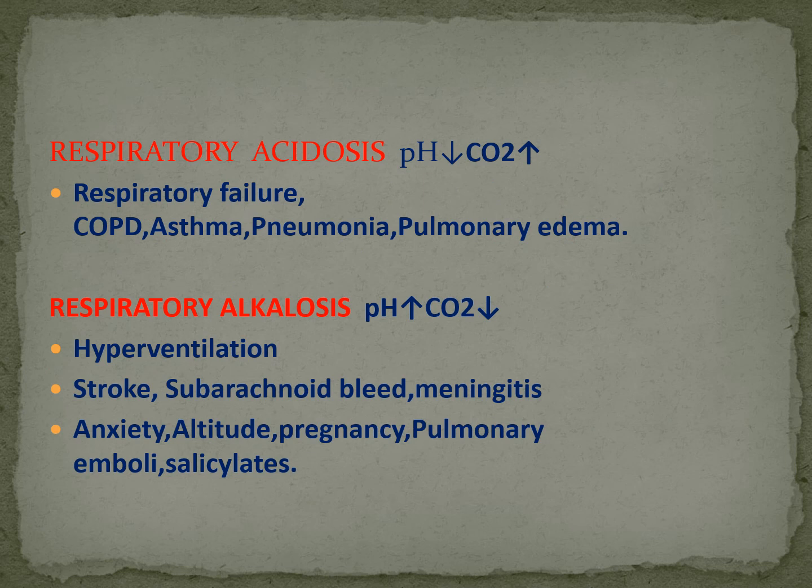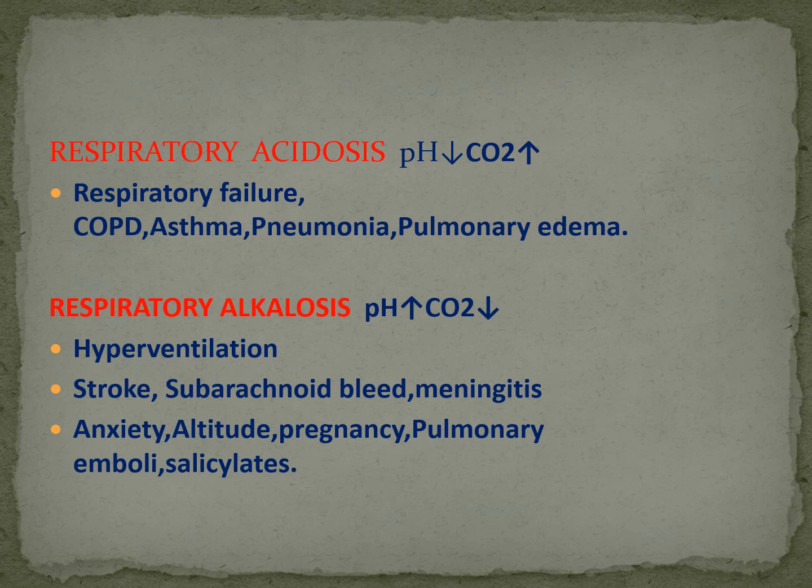Going to the next one, respiratory acidosis. There is a decrease in the pH level and the carbon dioxide level in the lungs will be increased, so respiratory failure will be there. That is COPD, asthma, pneumonia, pulmonary edema. In this type of cases we can notice respiratory acidosis.